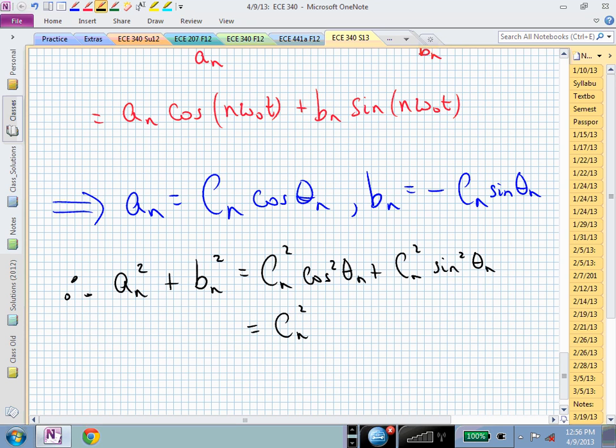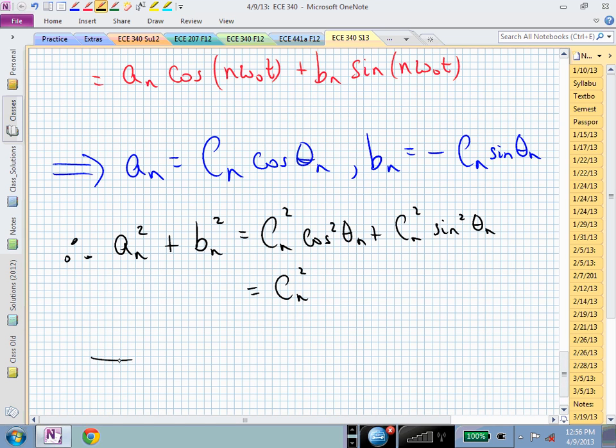And there is our sine squared and cosine squared adding up if we factor out the C sub n, and we all know that that's equal to 1, right? Sine squared plus cosine squared is equal to 1. This now allows us to express the amplitude in this compact trigonometric form, capital C sub n, in terms of the a's and the b's.